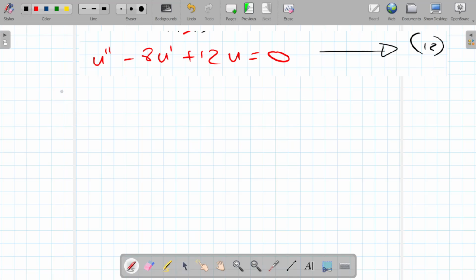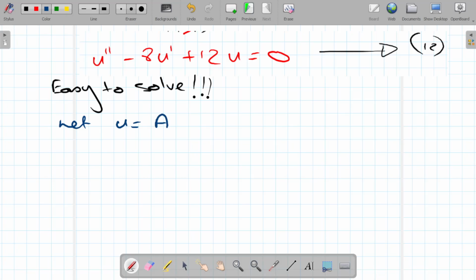Well, it's quite easy to solve equation 12 if you've done A-level mathematics. This is easy to solve. What we do is we let u equal, I don't think I've used the letter A, have I?